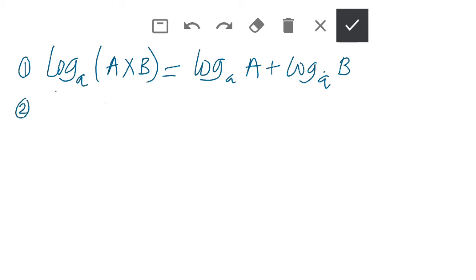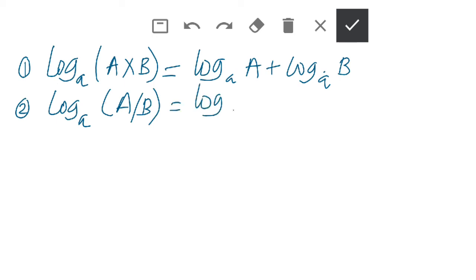Number 2, the log to base a of a over b is the same as log to base a of a subtract log to base a of b.